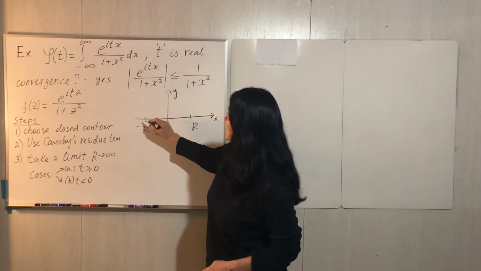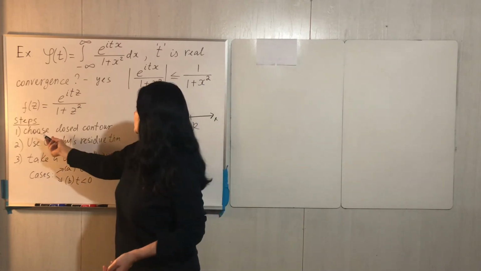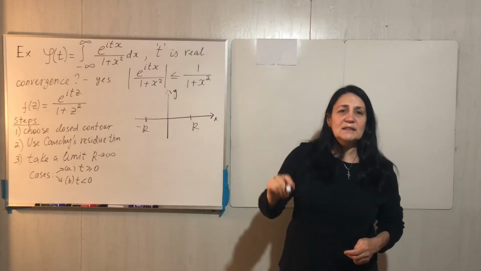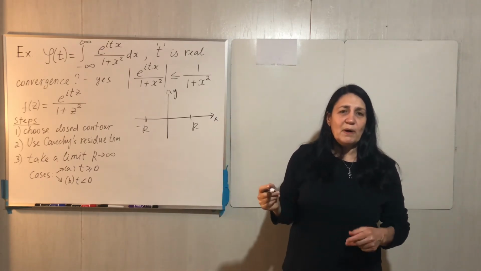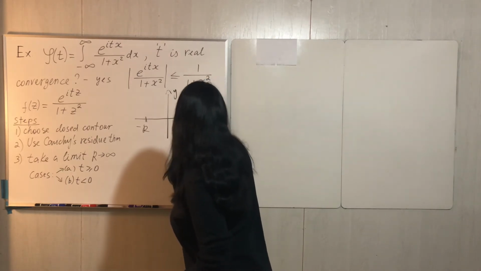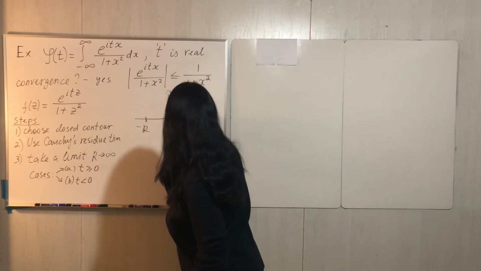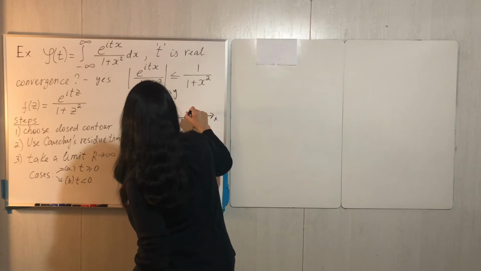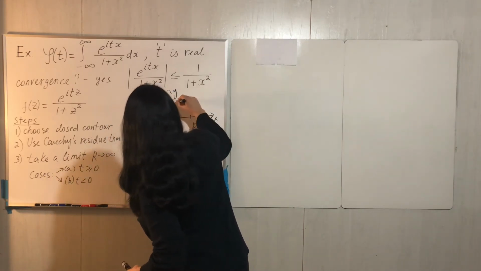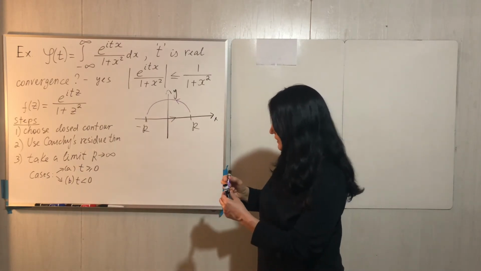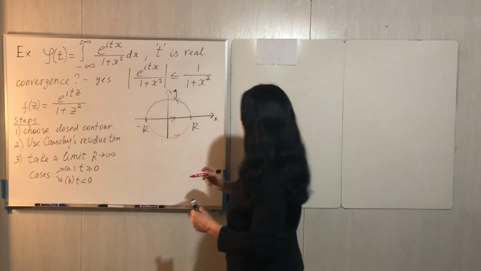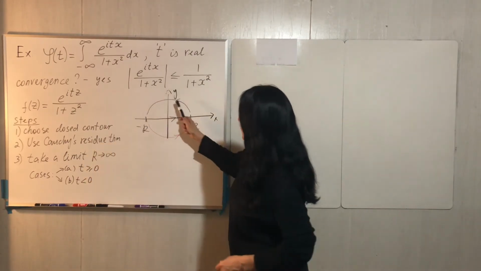So first we take this segment, and then we want to choose a closed contour, right? Since when we're talking about Cauchy's residue theorem, we have to have a loop, and we say that the integral along this loop equals 2 pi times the sum of residues of all singular points. Here we have two choices. If we go from negative r to r along this, one choice would be to close the contour using this half circle, and another option would be using this half circle.